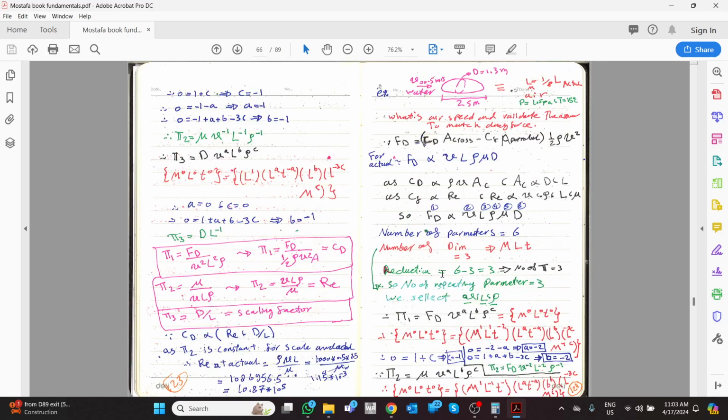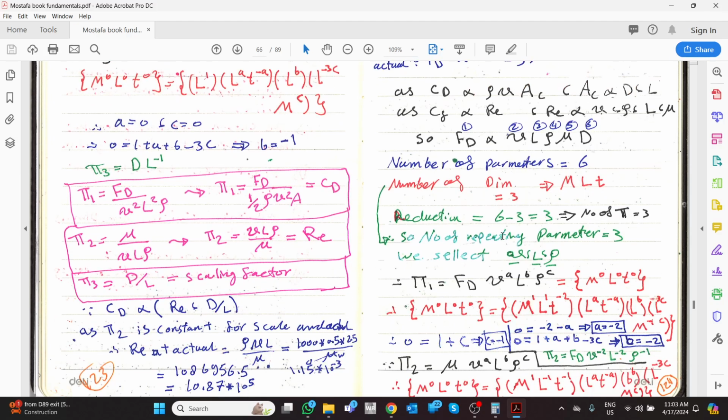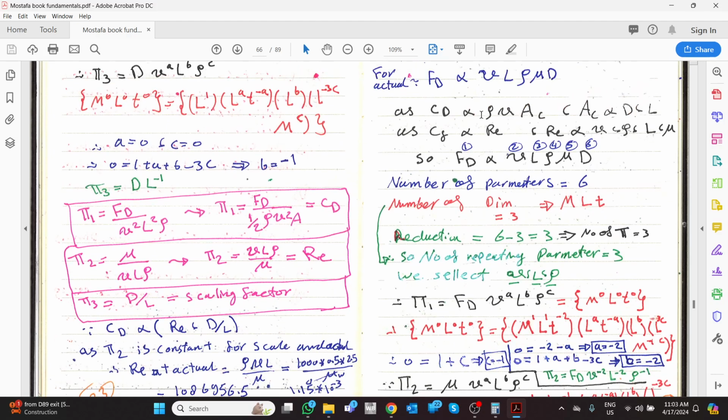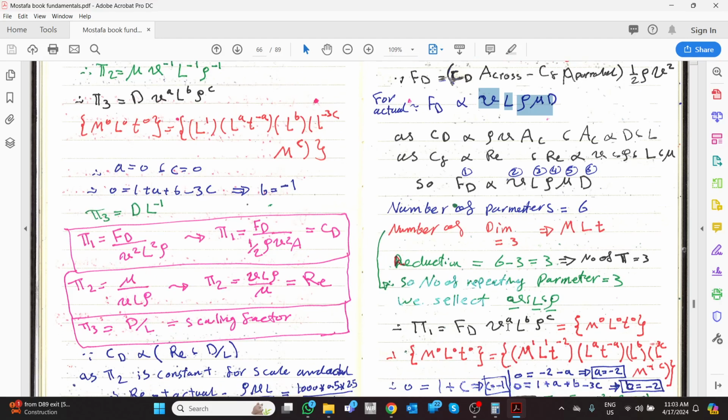Let's keep the example for later, but in the example we'll understand it better. In short form, if you have all of these parameters, the repeating parameters are going to be written in this form.